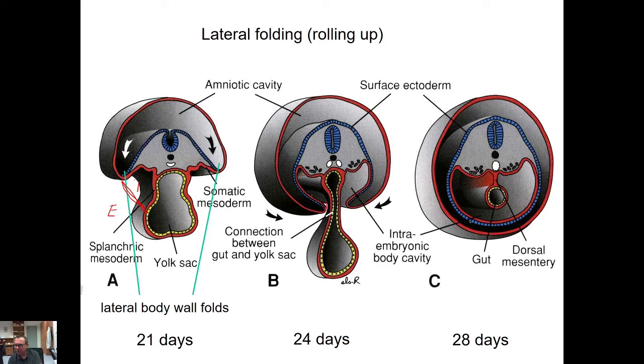This communication is here only small, and here no communication is because these folds were fusing. Of course they were not fusing everywhere, but usually fusing, and so finally we have got real intraembryonic cavity, and not only let's say half cavity open to the surrounding space.